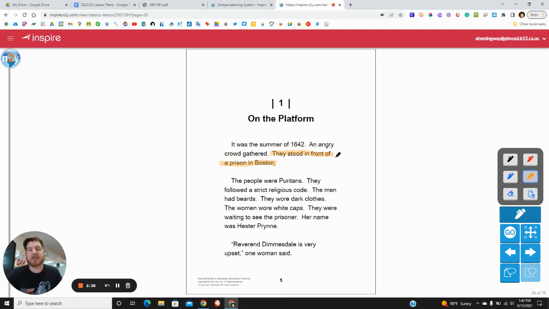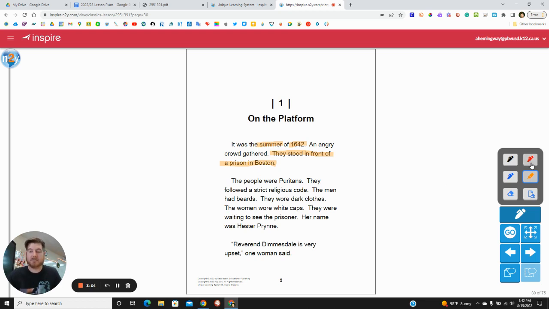I could even ask you, what time of year was it? If I look right here, it was the summer of 1642. So if I were to ask you, what year did it take place? Well, right here it tells us 1642.